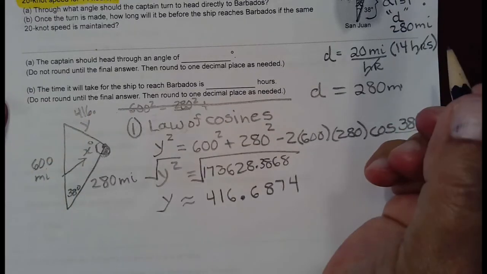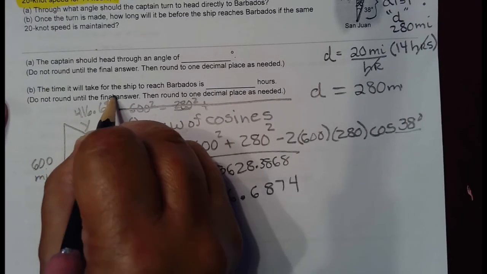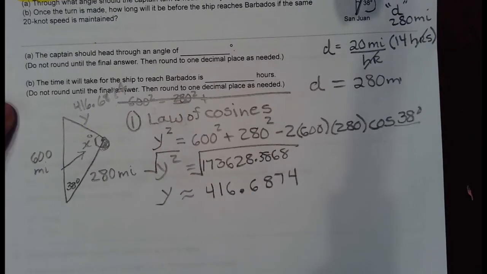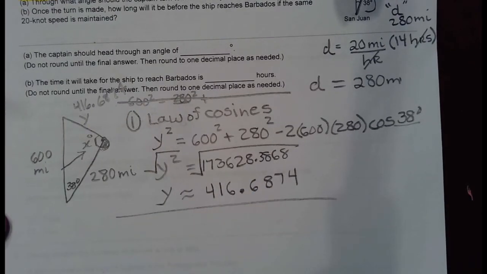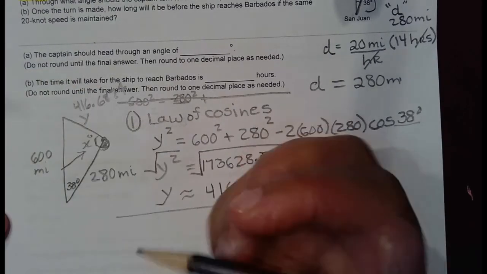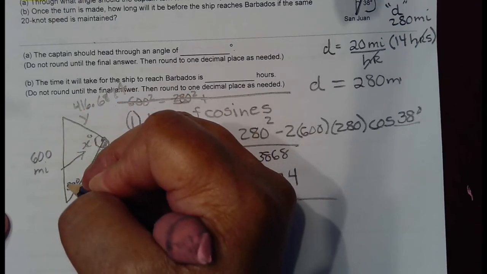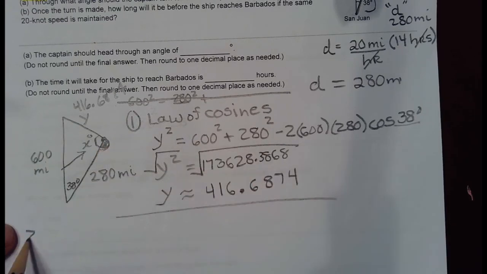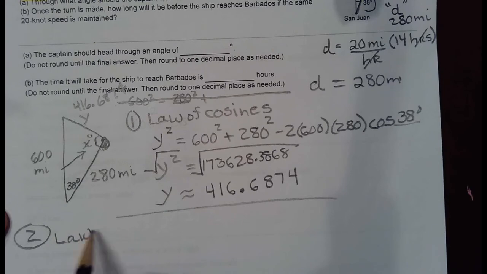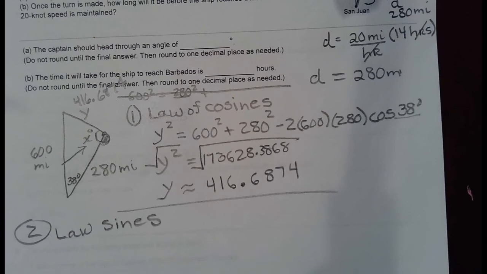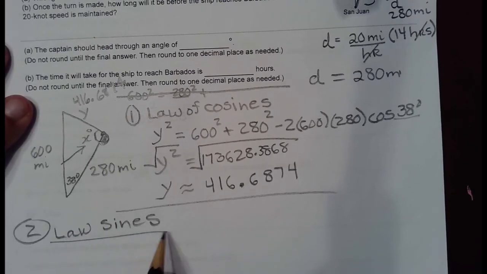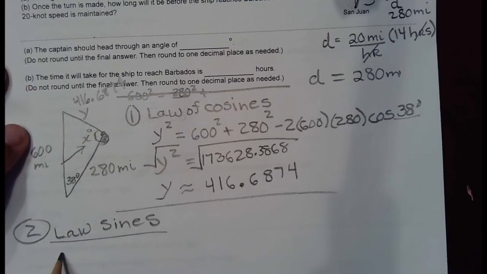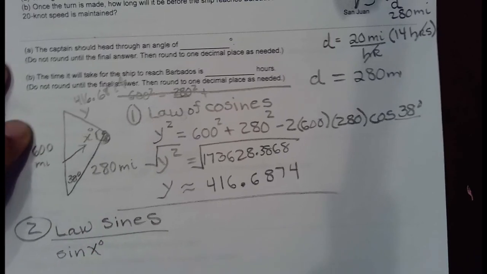Okay, that'll give me, let's see, I'm going to use sine of the unknown angle, which is across from 600, and then I'm going to do sine of 38 degrees, angles on the top, and that's across from the 416.6874 that I just found, which if I hadn't found that, even though it's not one of the questions they're asking, I wouldn't be able to go on and answer the questions that they are asking.